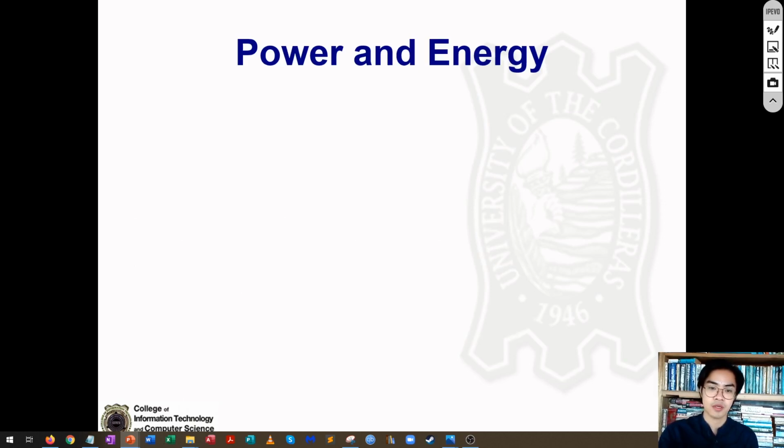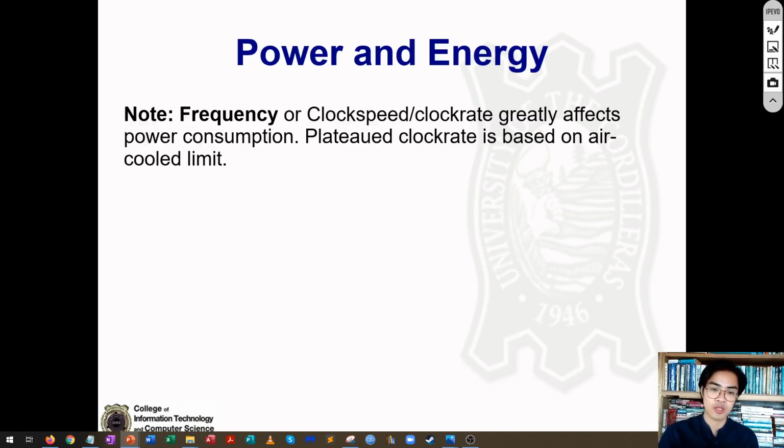Okay, so we have a note here that says frequency or clock speed or clock rate greatly affects power consumption. Which is very obvious because, as we mentioned in the previous slides, frequency or your clock speed or clock rate is just the number of times your transistors can be switched on and off from 1 to 0 per second.